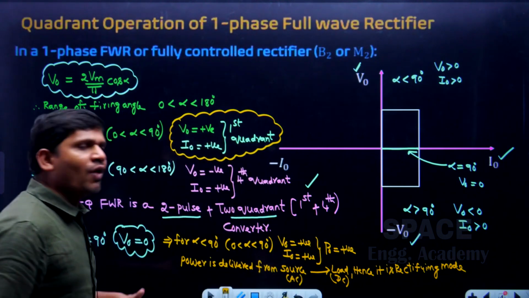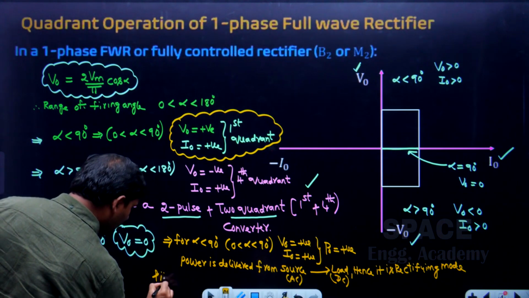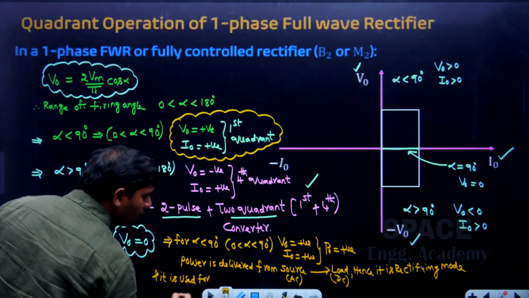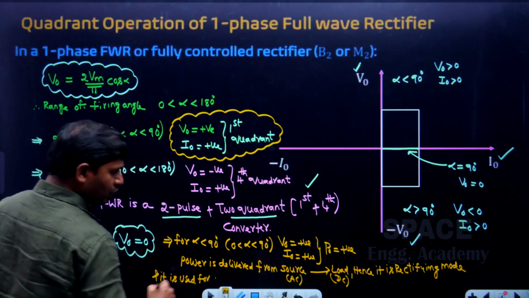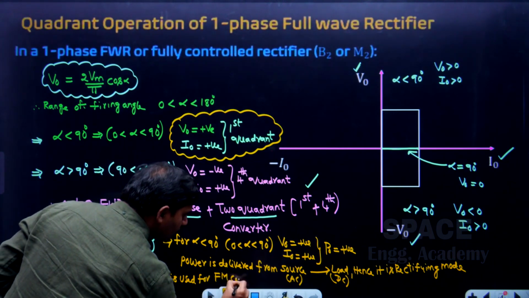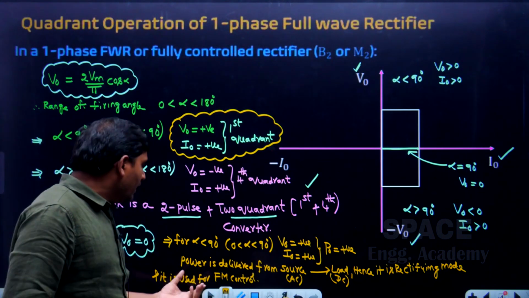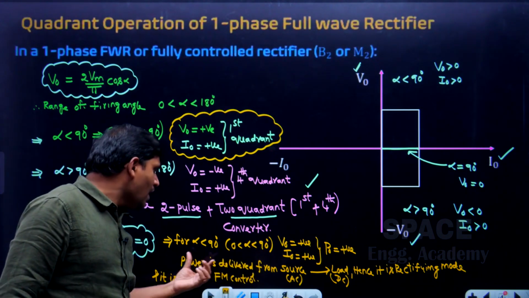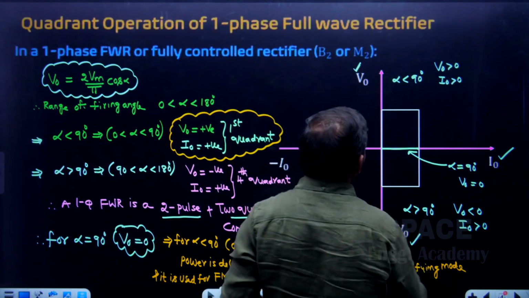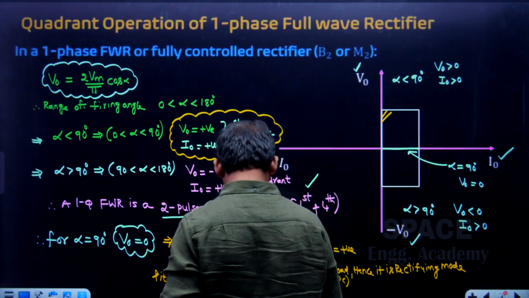It is used only for forward motoring control, FM control, for alpha less than 90 degrees. That means for alpha less than 90 degrees, this is forward motoring mode.